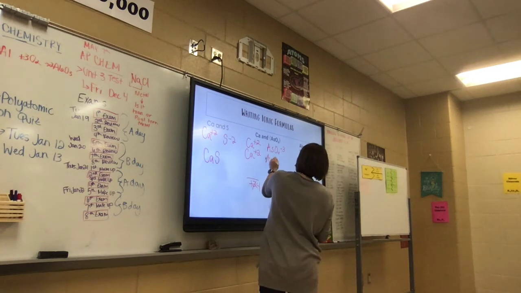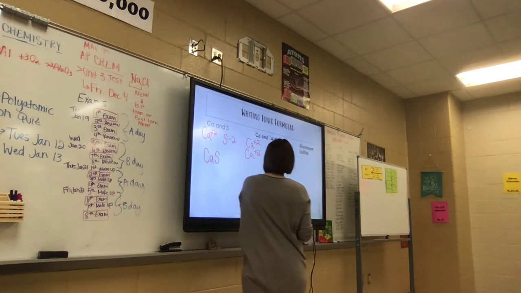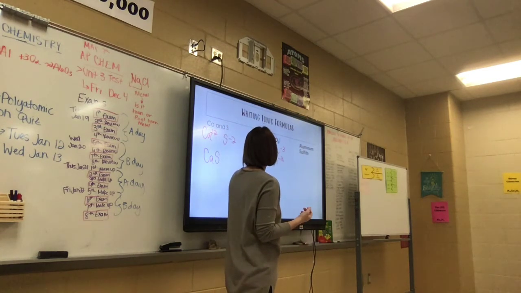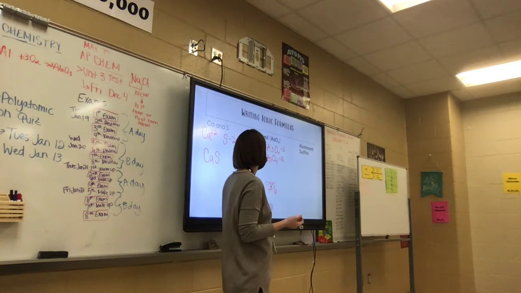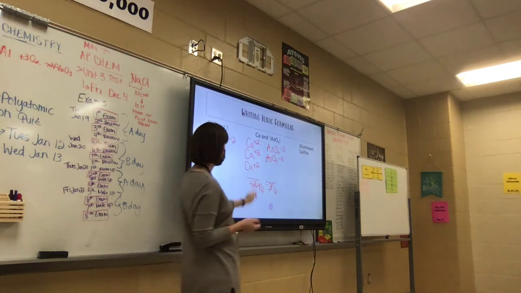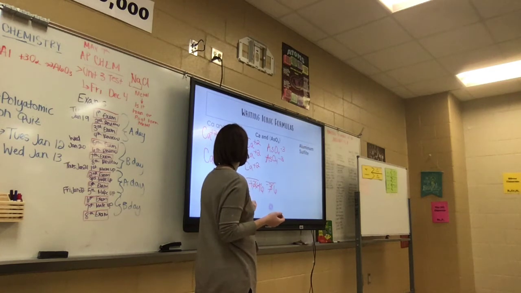Add another arsenate. That makes it -3. That makes that -6. So now I've got to go back to the calcium. Add another calcium +2. That makes that +6. Okay. So my formula is going to be Ca3, because I have 3 calciums, and then I have AsO4.